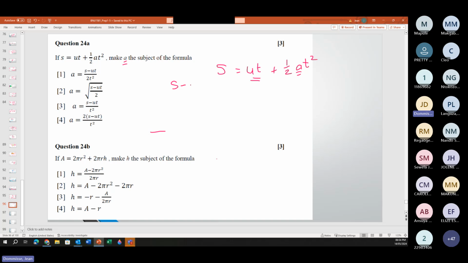On both sides I will subtract ut, and then we sit with a half at to the power of 2. To get rid of this half, if I multiply both sides by 2, we get rid of that.